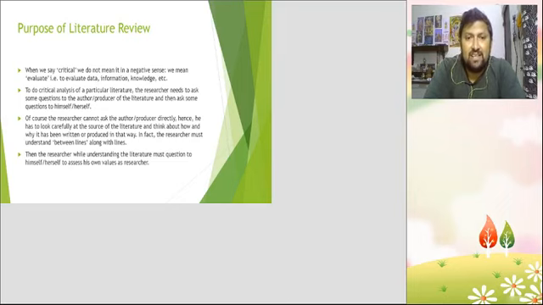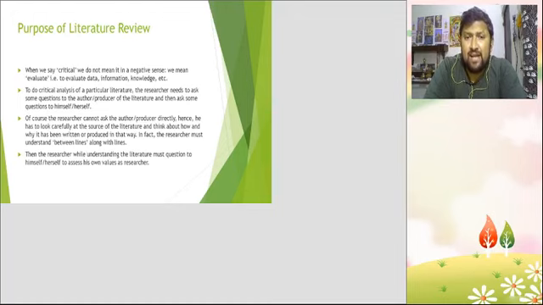That means the researcher has to look at the work of that author or producer of that literature very carefully at the source of literature and think about how and why the author has written and produced in that way.